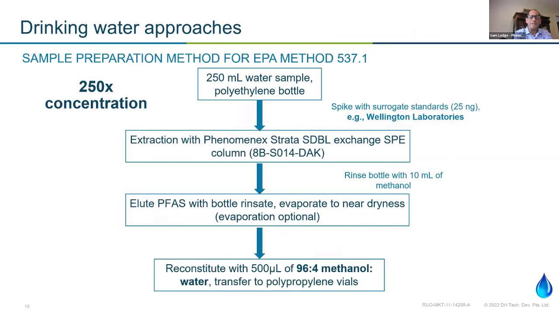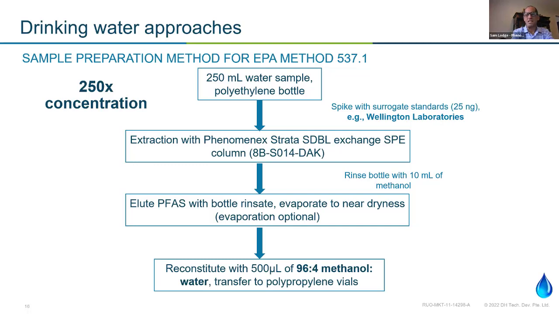So going back to 537, here's a diagram of the sample prep steps. The biggest consideration here is that this uses an SDVB resin, a reverse phase polymer. Interesting story, in the original 537 back in 2008, it basically said a polymer. So a lot of laboratories kind of interpreted that as some of the new copolymers like WAX, which is a derivatized SDVB.